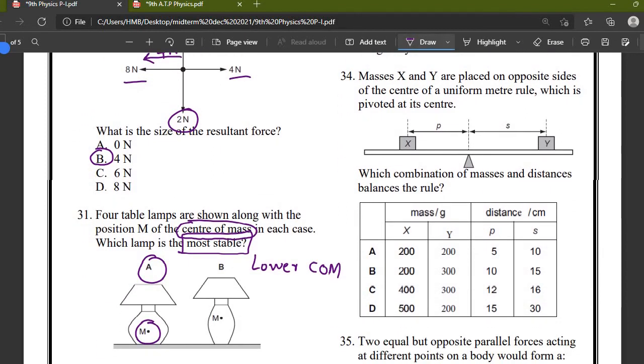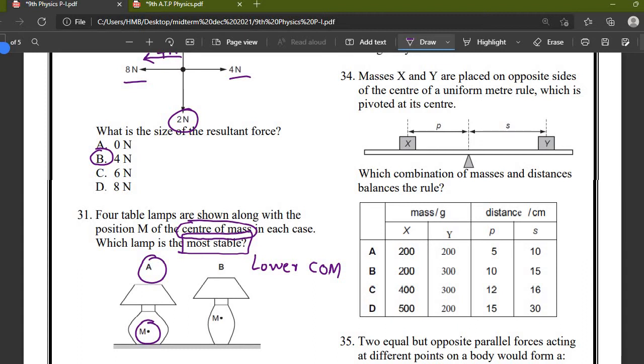Question number 34. Masses x and y are placed on opposite sides of the center of a uniform meter rule, which is pivoted at its center. Which combination of masses and distances balances the rule?